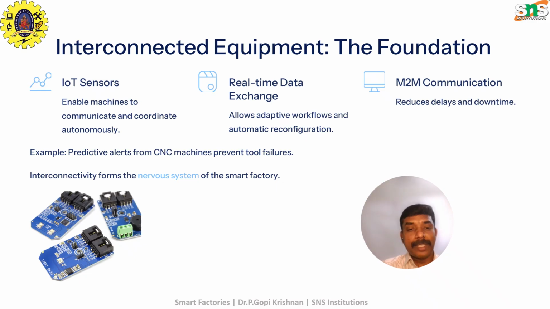The nervous system is responsible for collecting the data from the different parts of the body. Similarly, the sensors act as the nervous system. They get all the information about the subcomponents, and it will be processed with the central unit of the smart factory. With the collected data, a particular decision can be taken which improves the efficiency and performance of the given component.